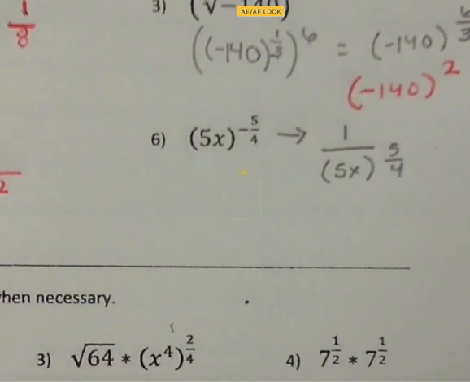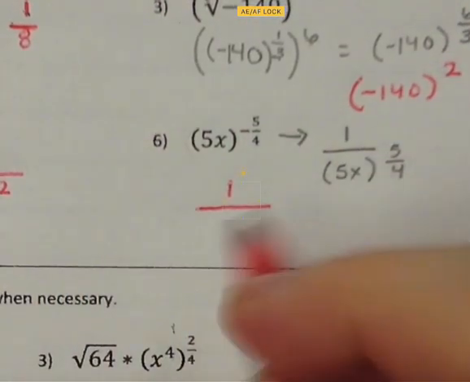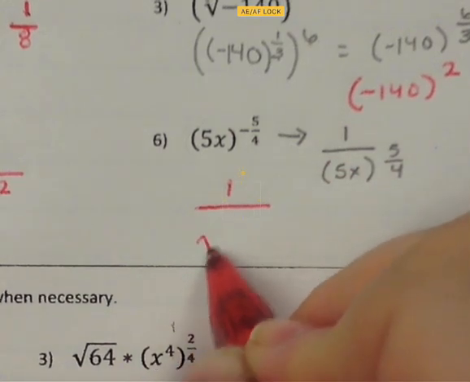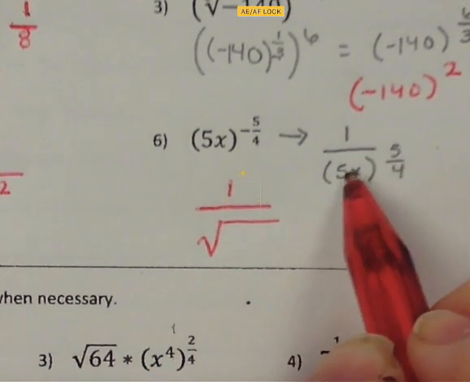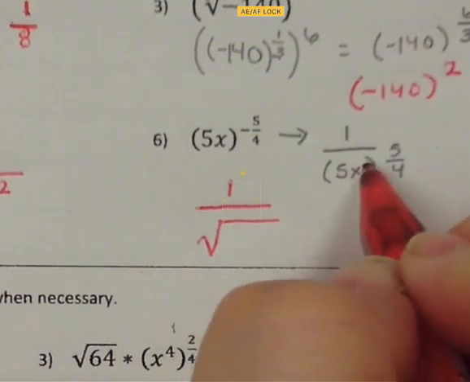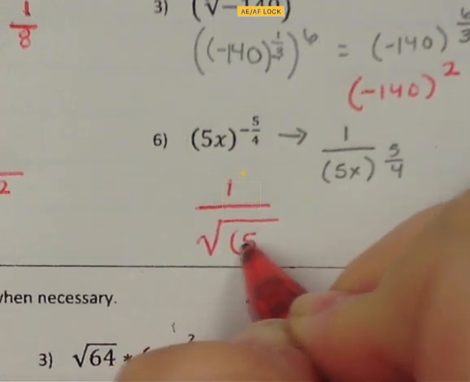Now we can put it into a radical form because we don't have a radical, we want a radical. So it's 1 over, since all of this is inside parentheses, we have one radical. Your radicand is 5x. So because your radicand is in parentheses, you want to put parentheses on here as well.